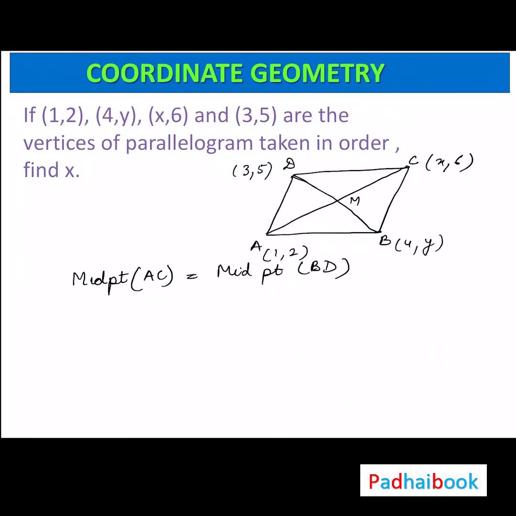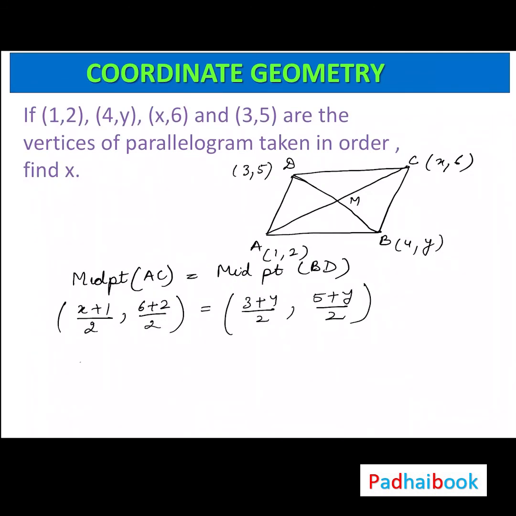Now let's find the midpoint of AC. This will be ((x + 1)/2, (2 + 6)/2) and the midpoint of BD will be ((3 + 4)/2, (5 + y)/2).